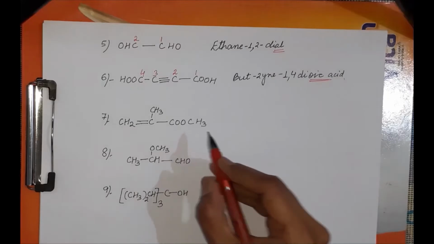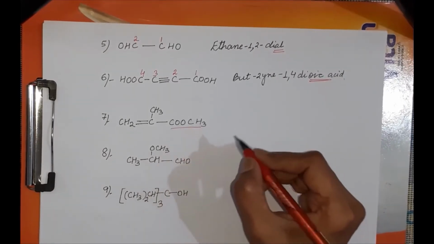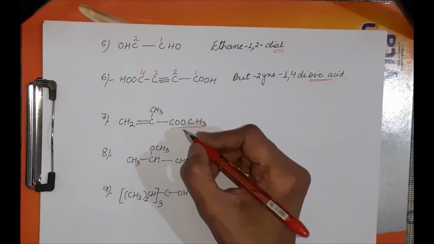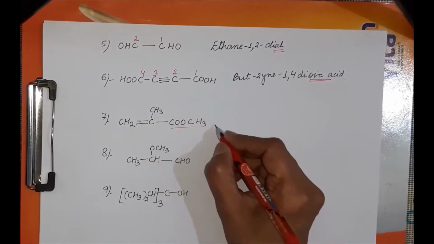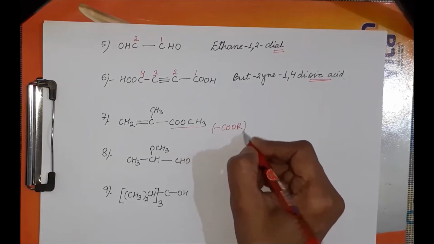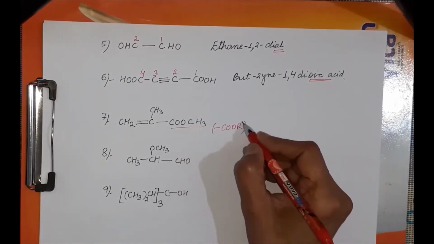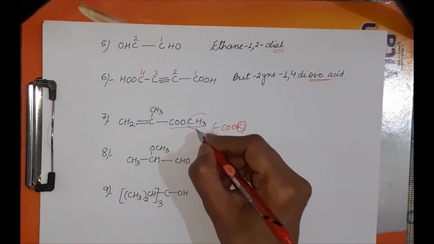Then to the next compound. Here we can see this functional group is the ester functional group. First, let us do the numbering. The ester group is written like this, COOR, and in place of this R we have a methyl group.